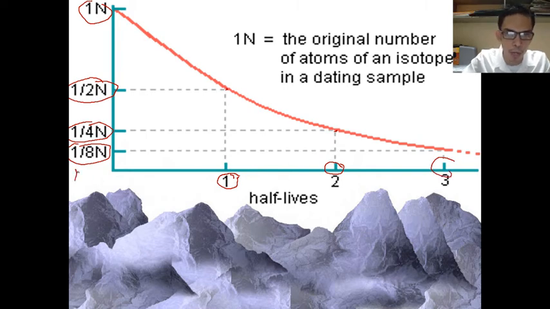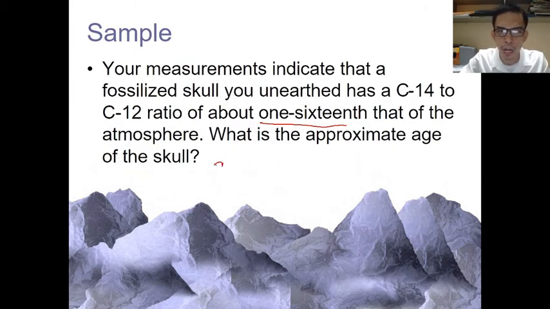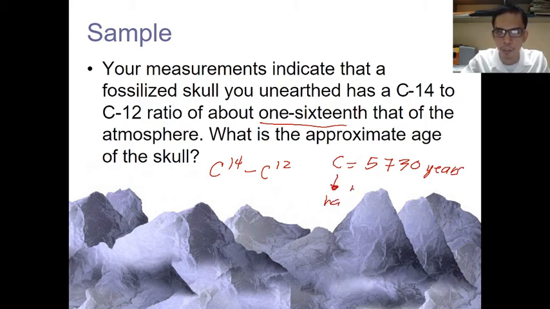If we continue this graph forward, 1/16 is probably 4 years, so 4 half-lives. The carbon will become carbon-12, and the idea is that every 5,730 years, it loses one half of it.